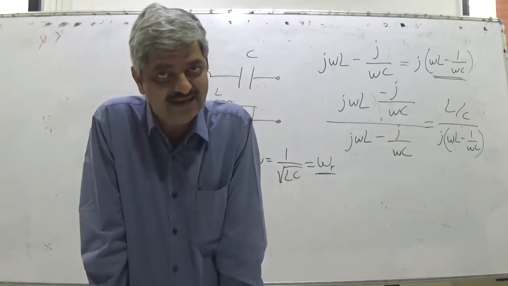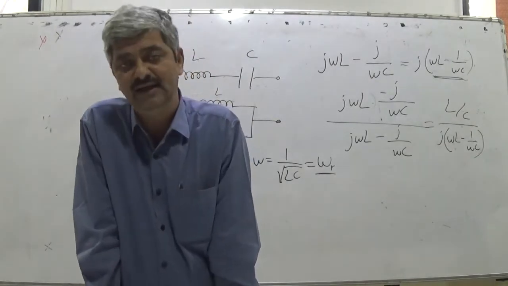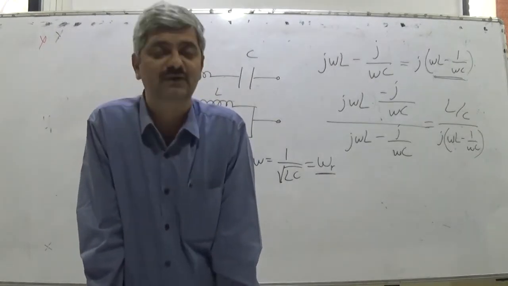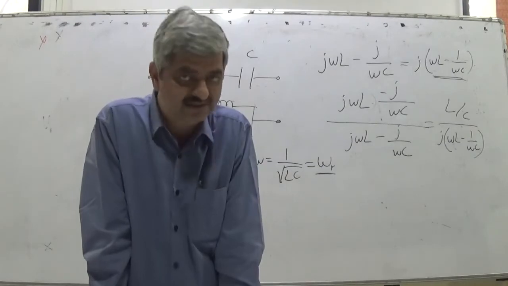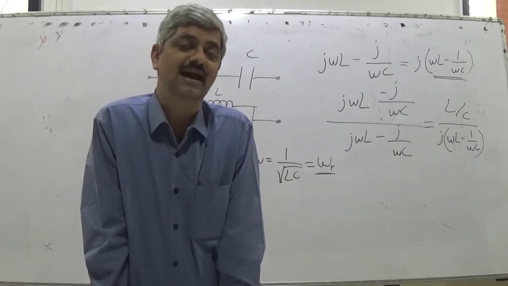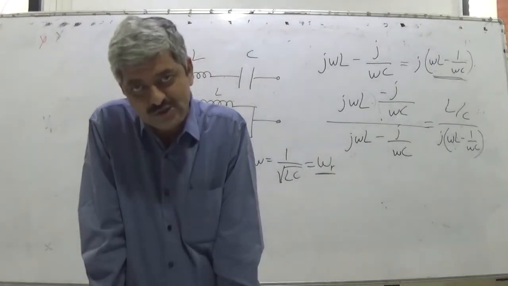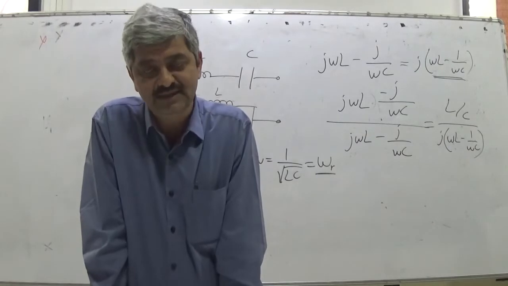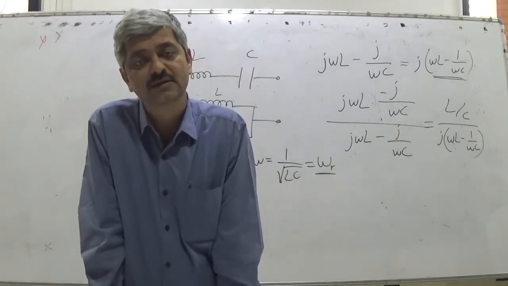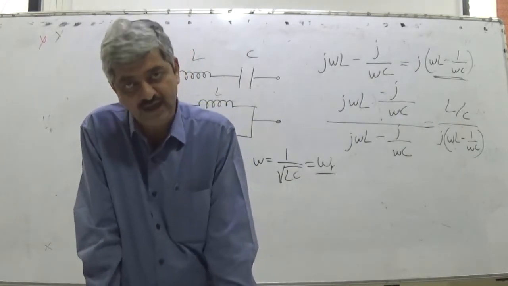Similarly, for the LC parallel circuit, for smaller frequencies it acts like an inductor, for larger frequencies it acts like a capacitor. At resonant frequency it acts like an open circuit. As frequencies become close to resonant frequency, impedance grows from both ends.